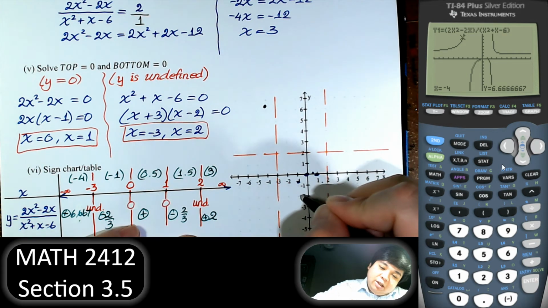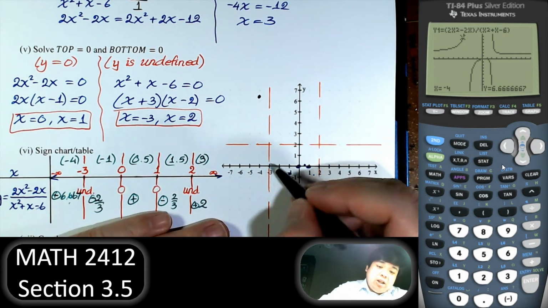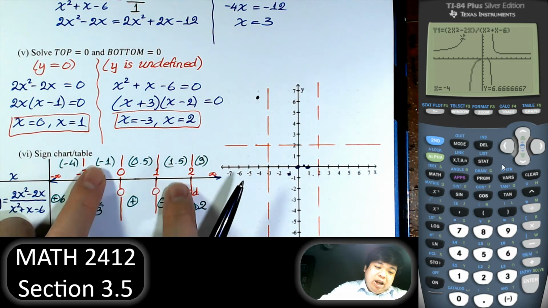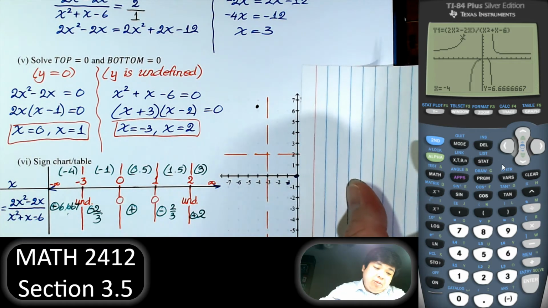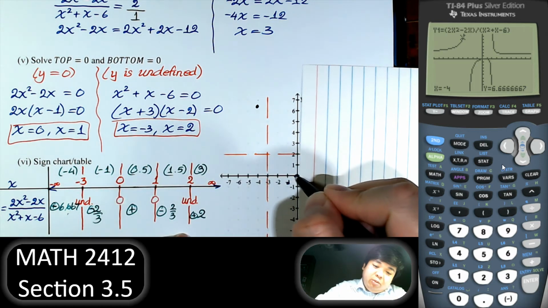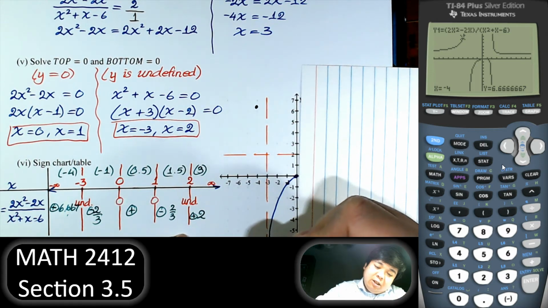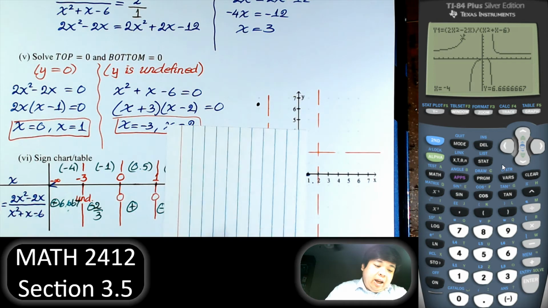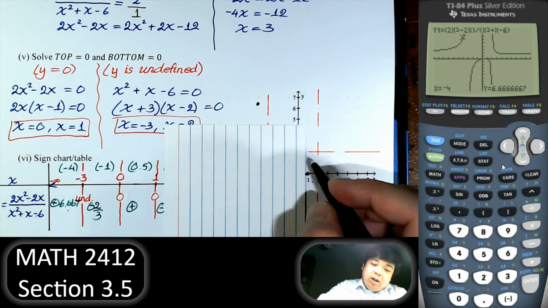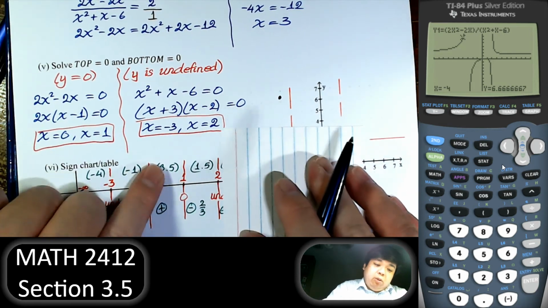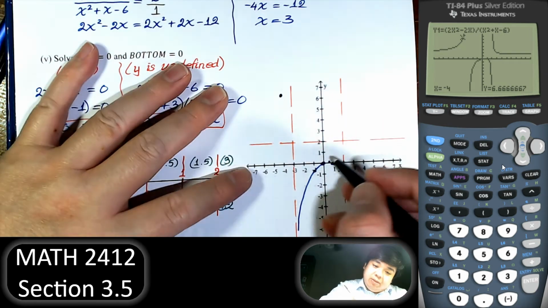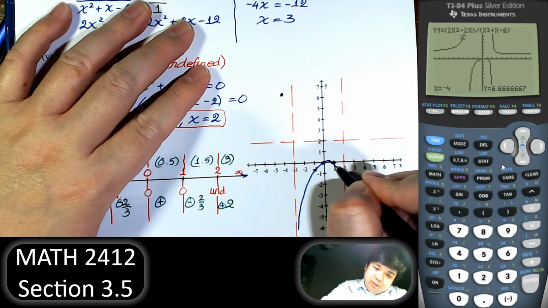Since the graph approaches the asymptotes, it will be negative between 0 and -3, so it will be like this. And from 0 to 1 is positive, but from 1 to 2 is negative.